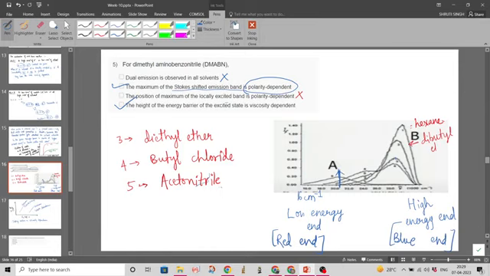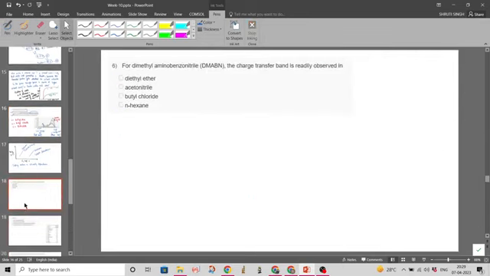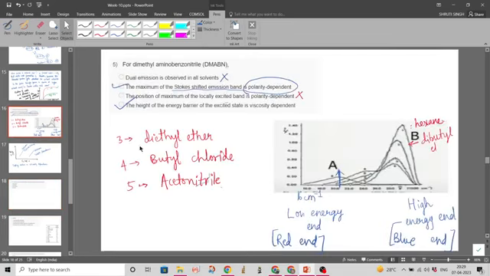Okay, let's move to the next question. For dimethylaminobenzonitrile, the same molecule DMABN, the charge transfer band is readily observed in. So in this same figure itself, this one is the charge transfer band, the fifth one, because it is redshifted.